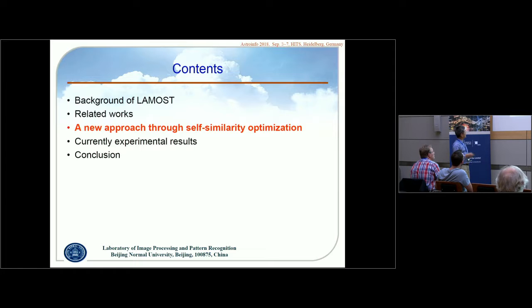So now we consider a two-dimensional sky subtraction technique.